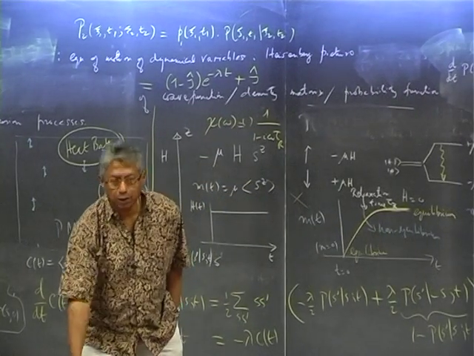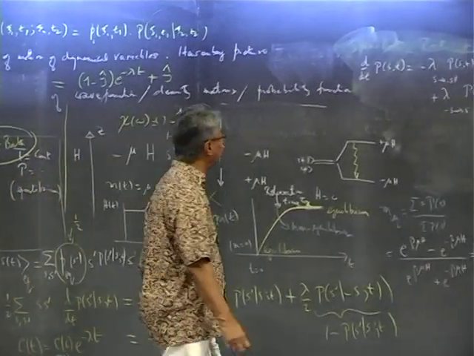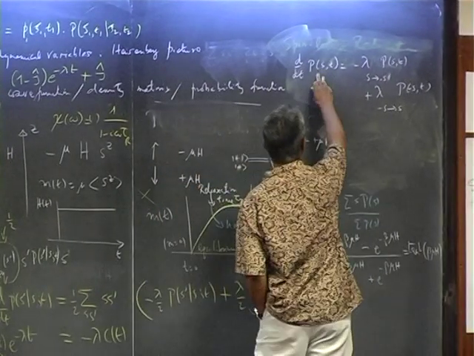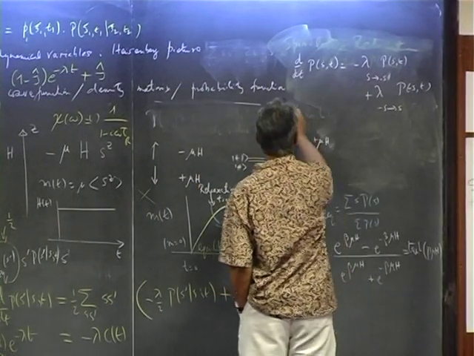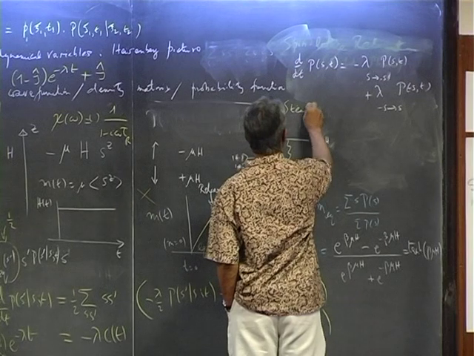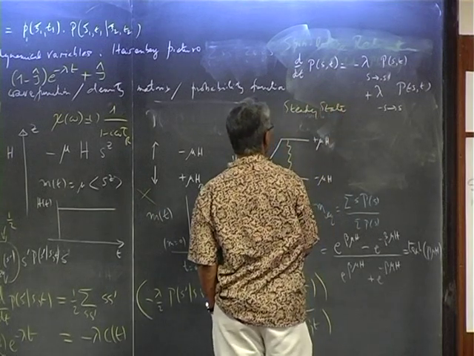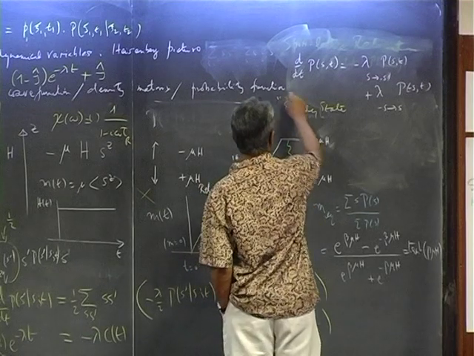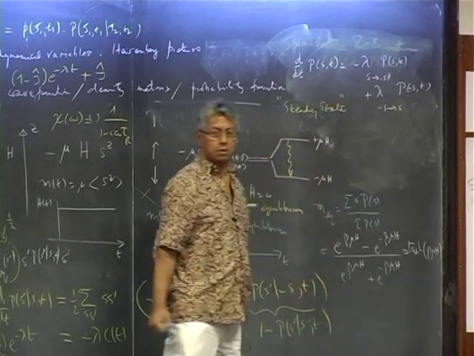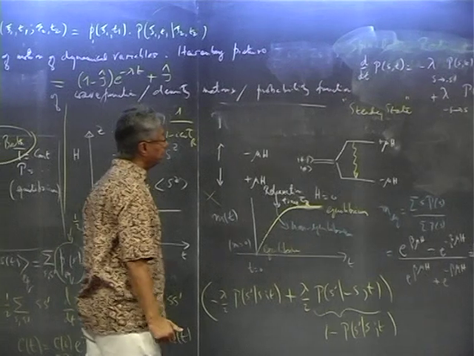Remember, all four of us are talking about steady state problems. Steady state means that the left-hand side, the time derivative, vanishes. And in our case, we're taking steady state to be synonymous with an equilibrium state.